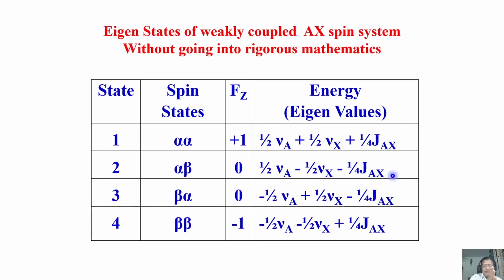We have observed one peak move to the left and one peak move to the right by a fraction of J: half of J, one peak moves to the right, half of J, one peak moves to the left. How does it come? It is because when you work out these eigenvalues, look at the transitions, and calculate each of the transition frequencies, you can find this out. Similarly, beta-alpha is worked out, and this is the energy for beta. So these are the 4 energy eigenvalues.